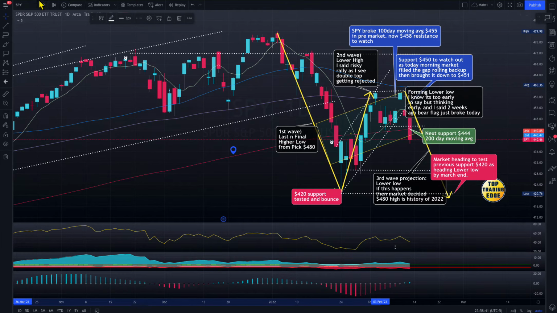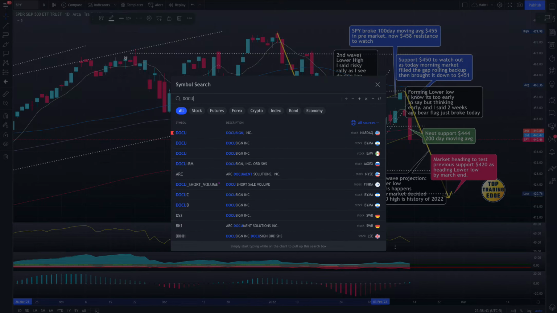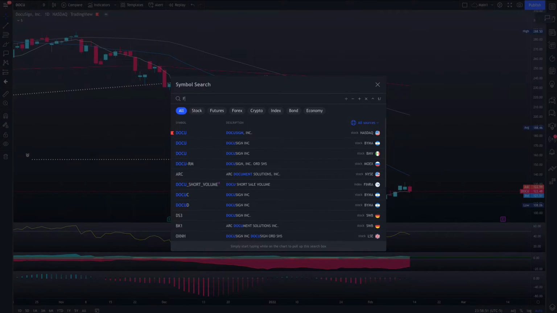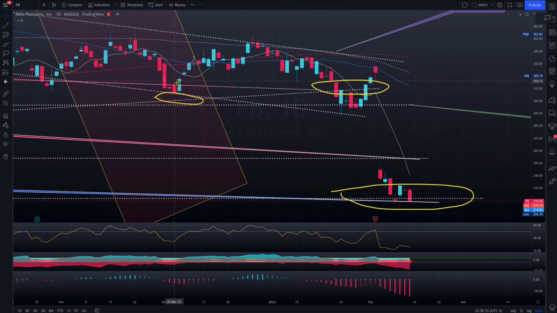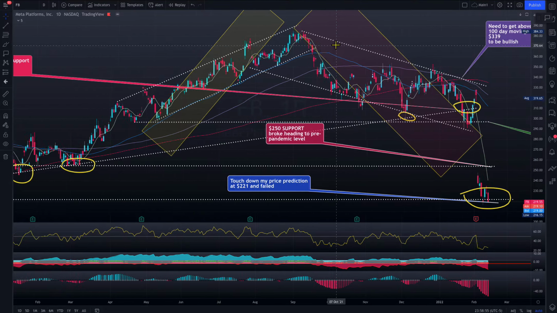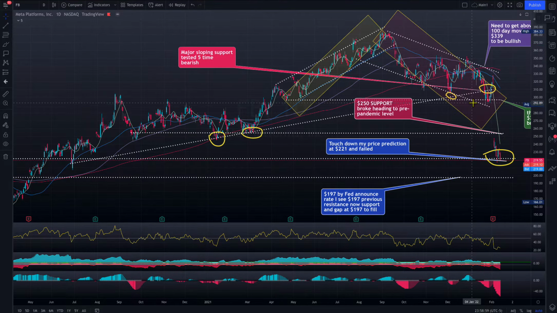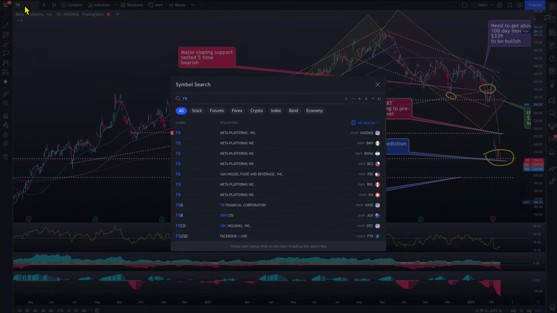So all this air will come out of the balloon already. Look at DocuSign. What happened to DocuSign? It was 300, 200, $300, and then now it's what, $100, $120. Facebook, nobody even believed that Facebook would do this, right? And it did. I'm not gonna go into the analysis because I already did this. I used to say all this is gonna go down. Now it's $200, and it's heading down also.